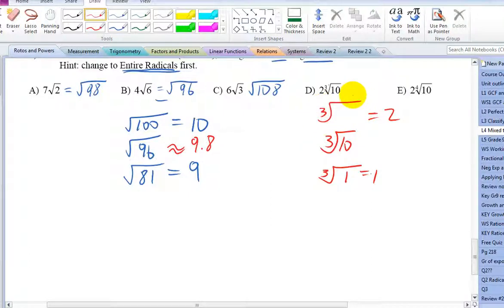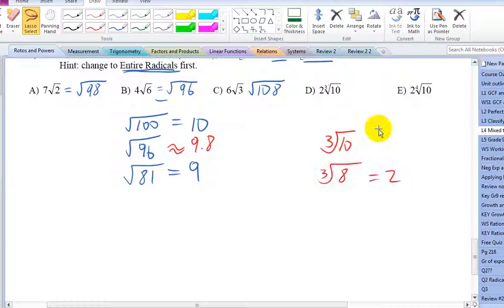No. So what we actually have to do is move this one down below. So this should be the low value. And this one will be 3, which is cube root 27. So this thing is going to be approximately what? 2.1. It's going to be really close to 2. Okay, maybe 2.2.